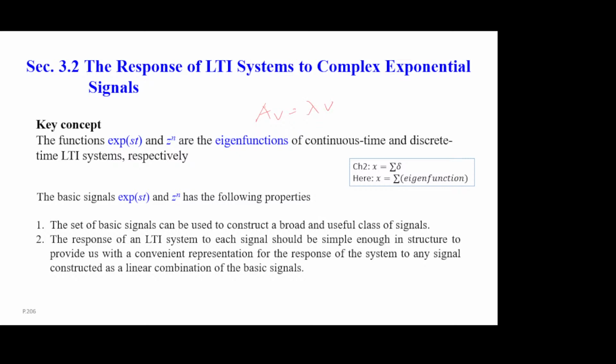For a matrix and a vector, the linear matrix times your vector becomes proportional to your vector. And here we think about those LTI systems. You apply your LTI system to your input x, and you get an output that's proportional to your input. That's called the eigenfunction. A very cool property of LTI systems is that all of them have the same eigenfunctions. It's all those e to the st or z to the n, for continuous time and discrete time.